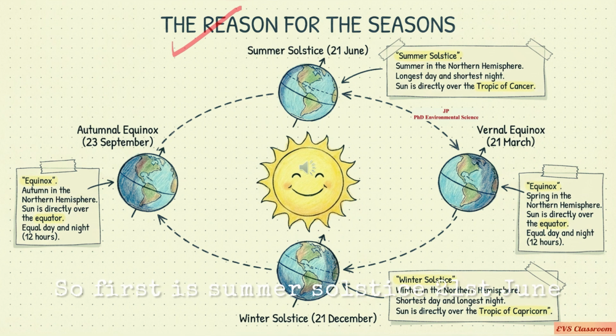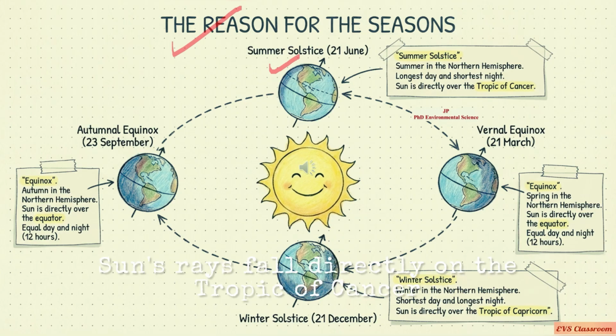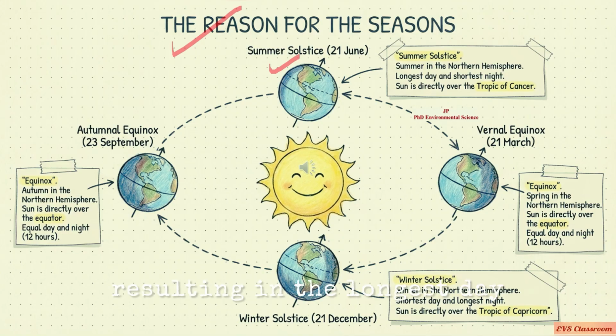So first is summer solstice, 21st June. Solstice means sun stands still. On 21st June, the northern hemisphere is tilted towards the sun. Sun's rays fall directly on the Tropic of Cancer, resulting in the longest day and shortest night. Summer season in the northern hemisphere.